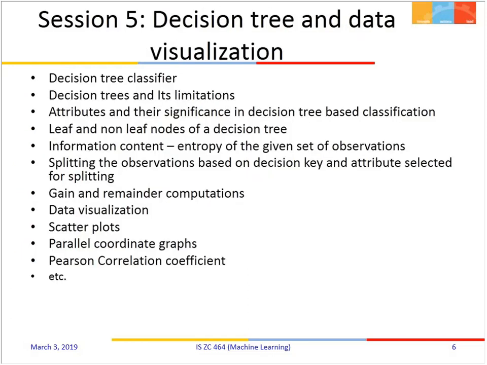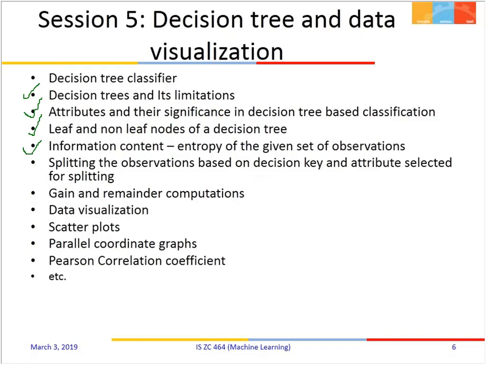Then in the next session, we were talking about decision trees and data visualization. We talked about decision trees and their limitations, why attributes play a significant role in decision tree based classification, why they contribute to reducing the tree length, what is meant by leaf and non-leaf nodes of a decision tree, and what is meant by information content, the entropy of the given set of observations.